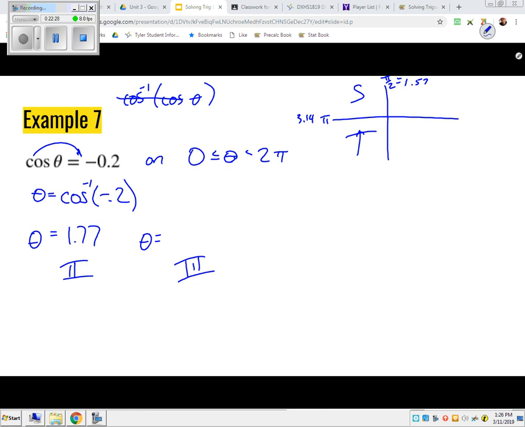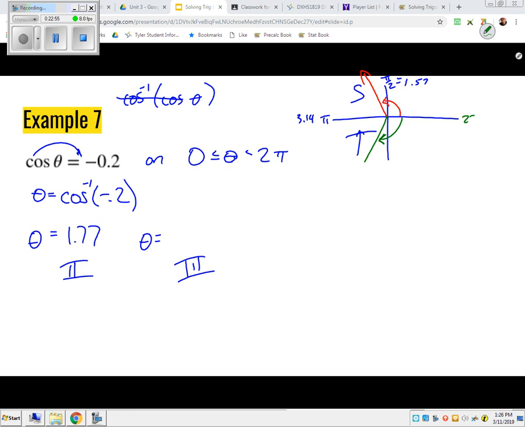So 1.77 was very close to right here. Everyone agree? I was this far from the x-axis, so let's just go the other way that far. So subtract it from 2 pi.